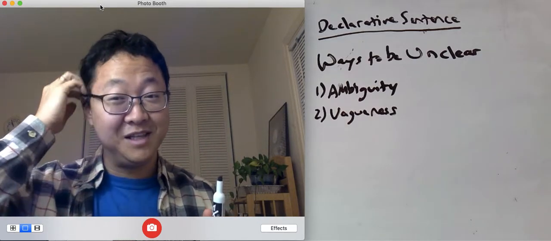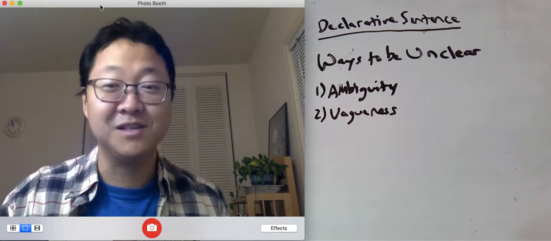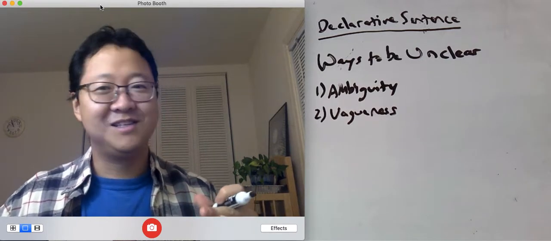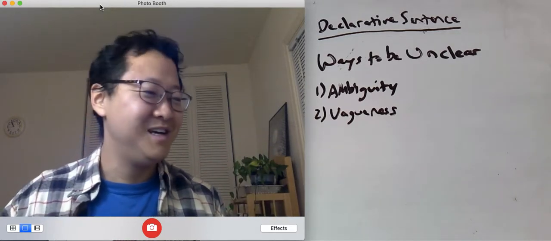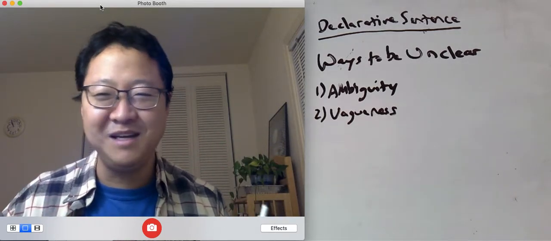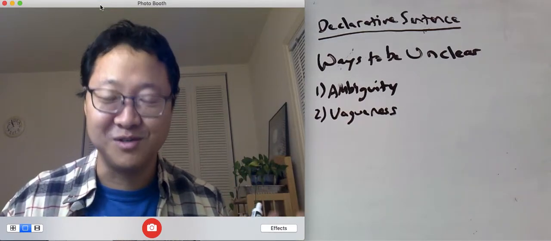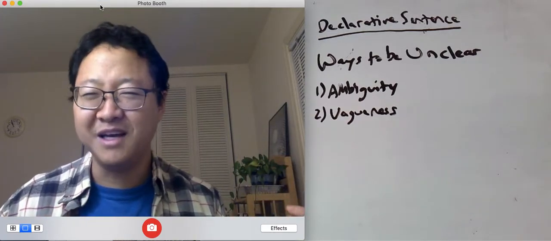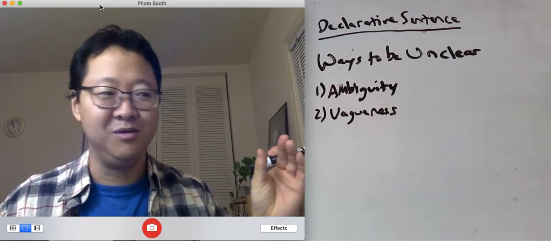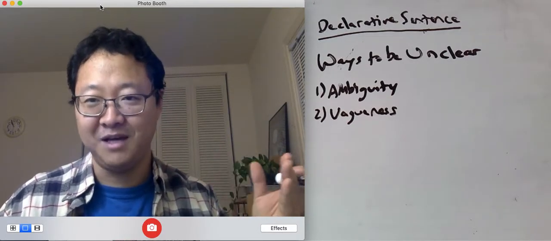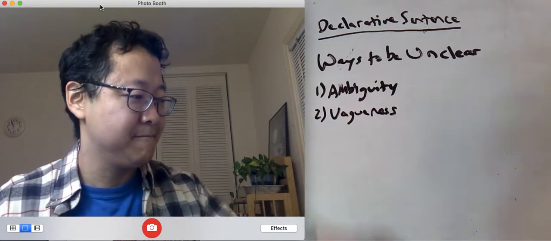When I was giving the example of generalizations, I used this old saying, men are logical, women are emotional. What does it mean by logical or emotional in that sentence? It's just pretty unclear. And so that's how vagueness is different from ambiguity, where ambiguity could be like the word bank, where there are two distinct meanings.